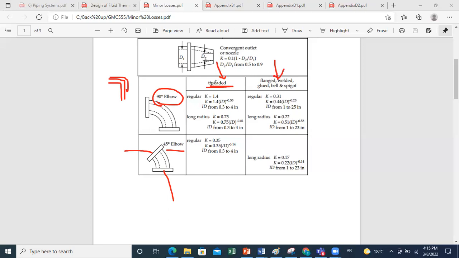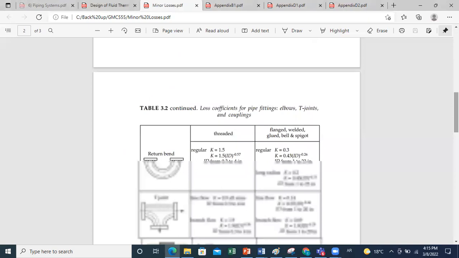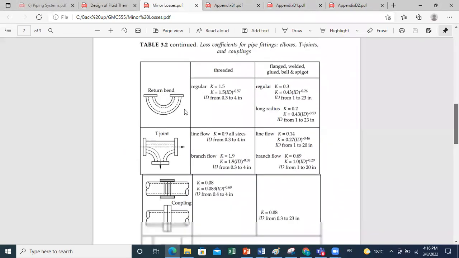Okay, so you can see here a lot of accessories in these tables. For example, you can have a 180 degrees return bend. It also will create a certain loss, and it depends if it's threaded or flanged, welded, etc. You have the T-joint accessory having specific coefficients also.